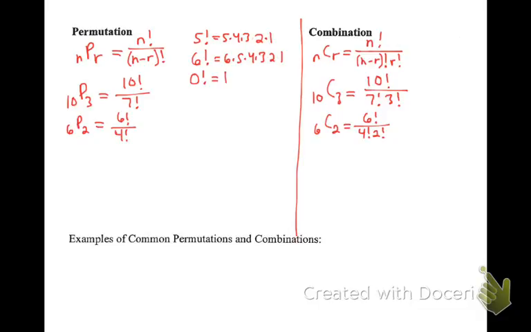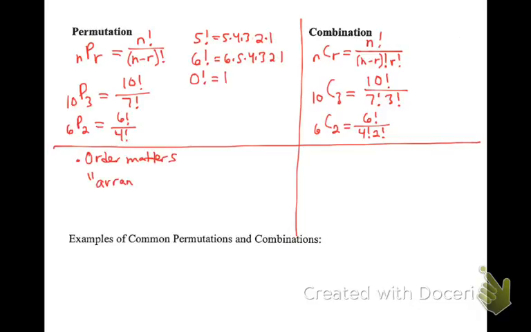Now the question is, when do you use which? Okay, a permutation is always used when order matters and when order is important. So you'll see words like arrangement. Okay, there's a certain arrangement of things. You'll see words maybe like things have to be in a row.